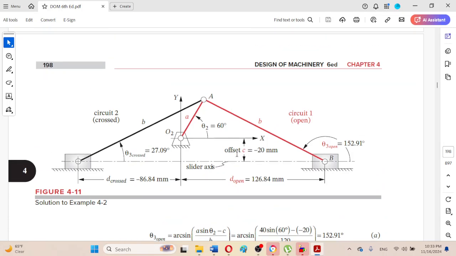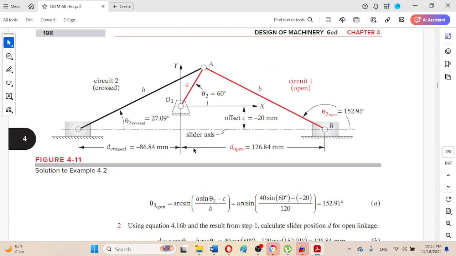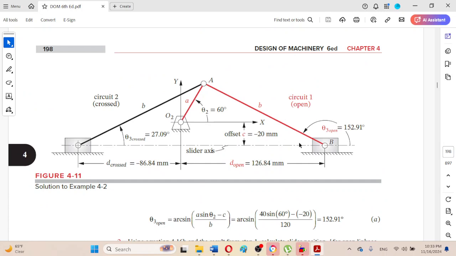So this example actually shows the position analysis and necessary required angle, and we are familiar that before any velocity analysis we must perform or know its position analysis or positions of necessary links.